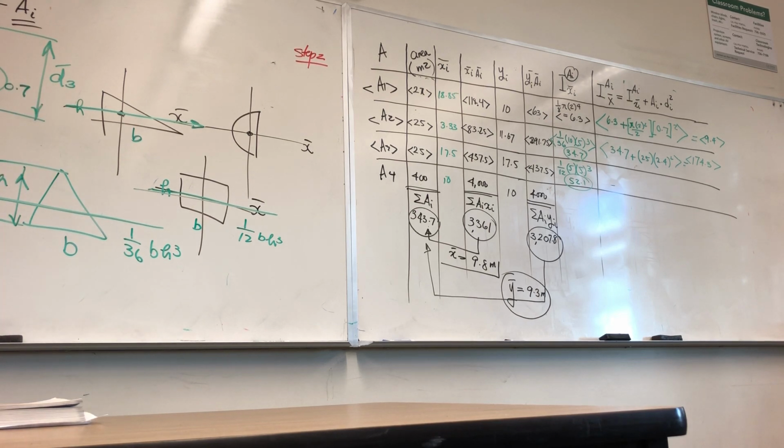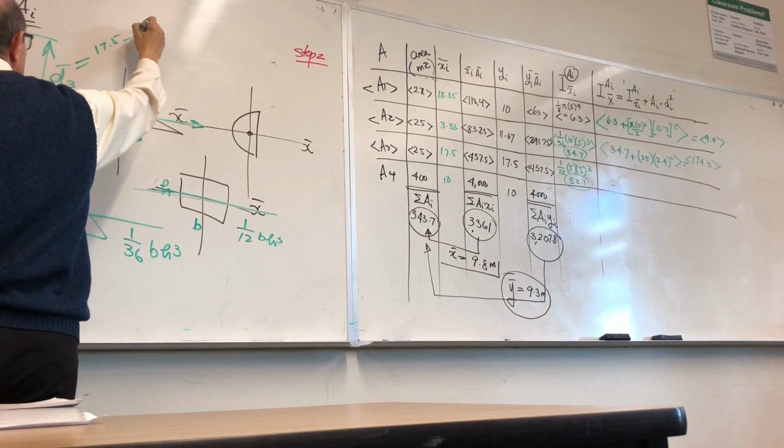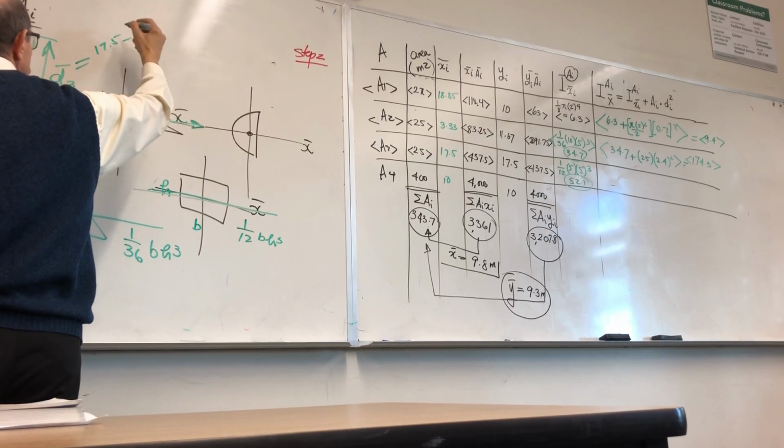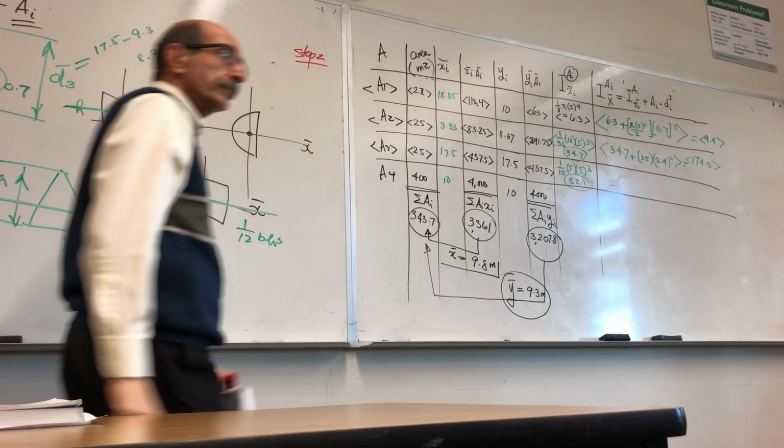So moment of inertia of this guy about this axis is its area times this D3 squared. What is that D3? This is 9.3, right? This was 17.5. So that would be 17.5 minus 9.3, so would be 8.2, right?